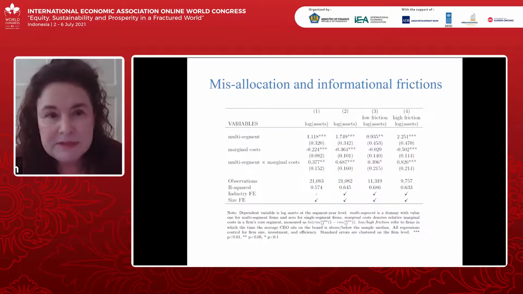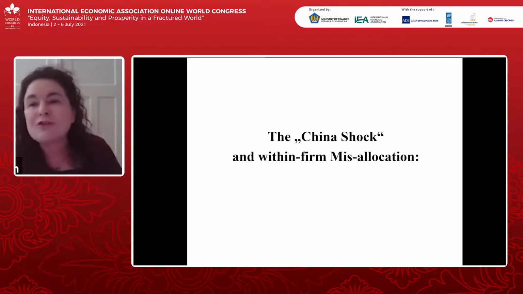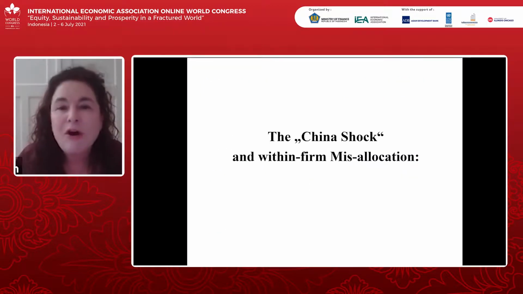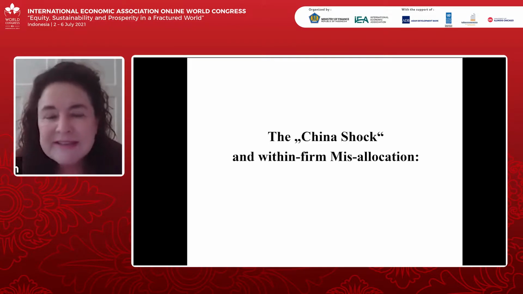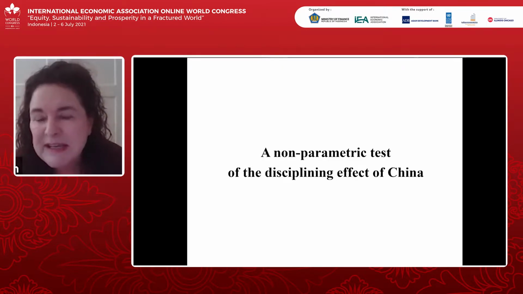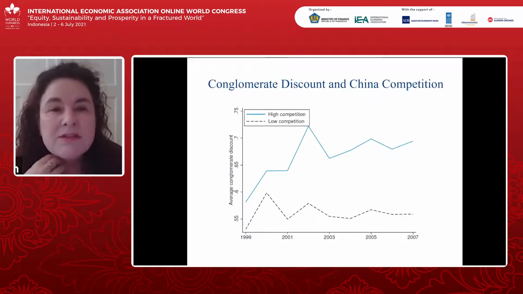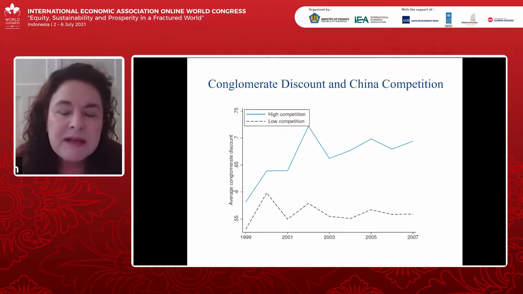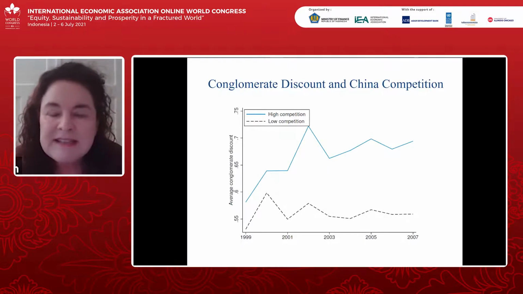I'm skipping this. So I'm coming now to check how competition is going to affect the within-firm misallocation. And let me show you first a non-parametric test of the disciplining effect of China. So here, this figure gives the conglomerate discount.